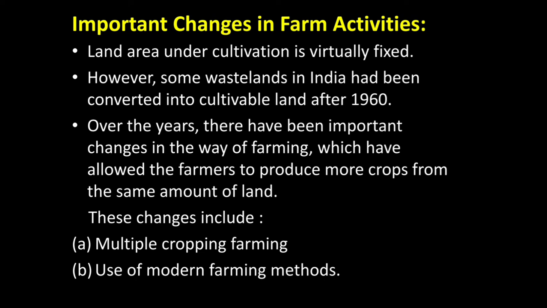Over the years, there have been important changes in the way of farming, which have allowed the farmers to produce more crops from the same amount of land. And after 1960 specifically, not only were the wastelands successfully converted into cultivable land, but because of the development of modern farming techniques, the farmers can also produce more from the fixed amount of land.